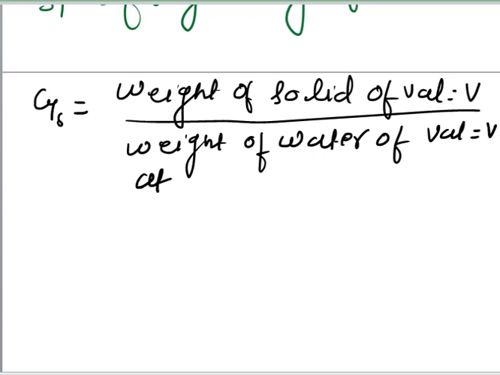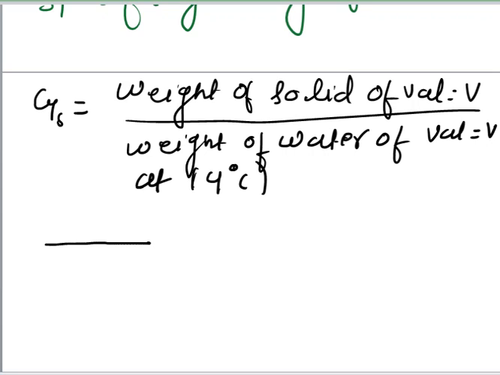So it will be very easy to understand what is specific gravity. I will recall here, specific gravity Gs is weight of solid provided water is at temperature of 4 degrees centigrade, because at 4 degrees centigrade the density of water is maximum.